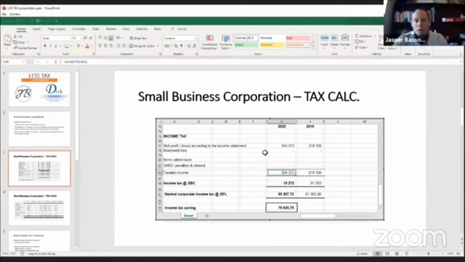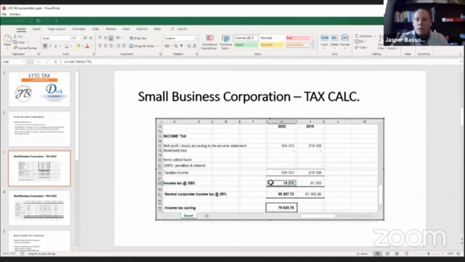If you didn't qualify for a small business corporation, then your tax would actually be almost 100,000 Rand, 28% of the taxable income of 354,000. But in this case, because all the requirements have been met, and it's actually a small business corporation, the tax levels are a lot lower.